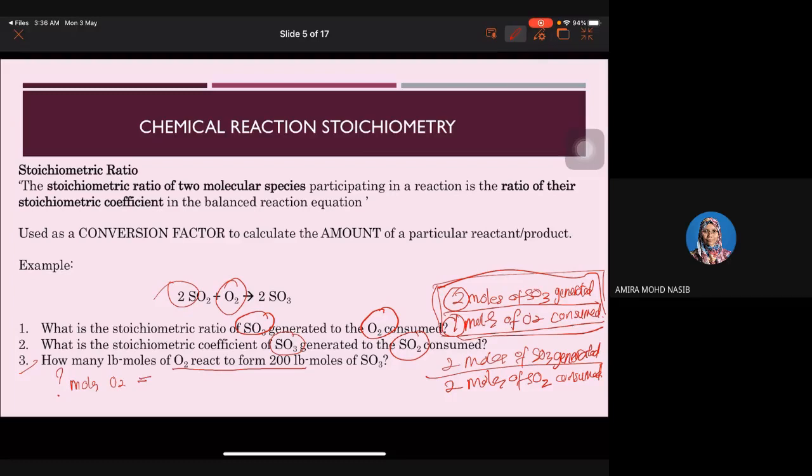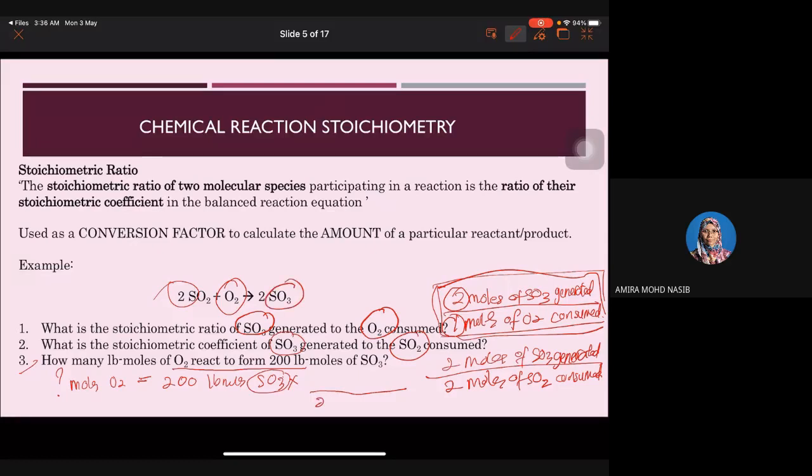So what you want to produce is pound moles of SO3. You have to multiply by the ratio, because this one is SO3, right?